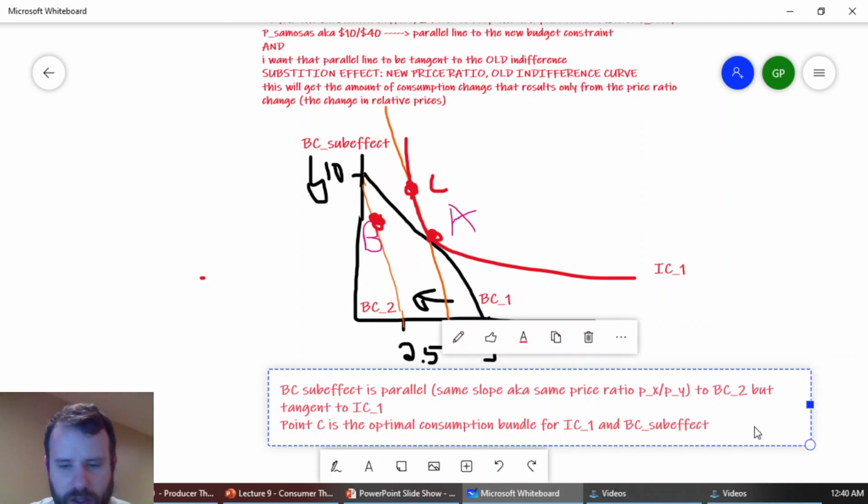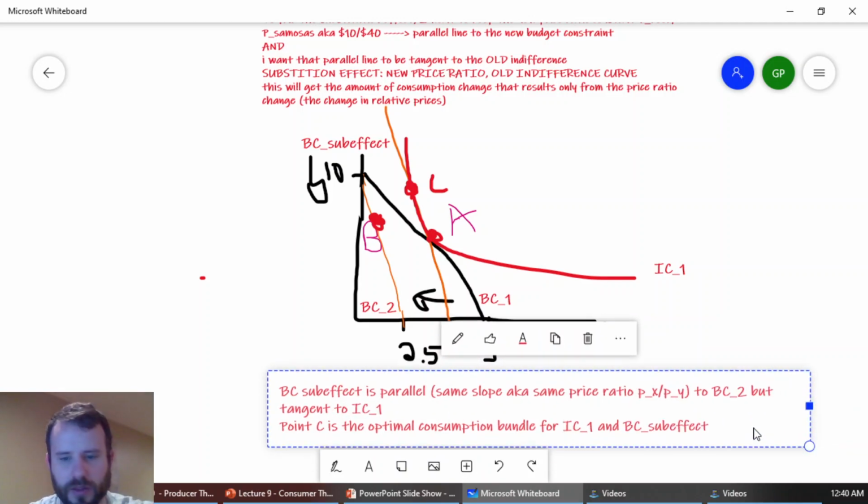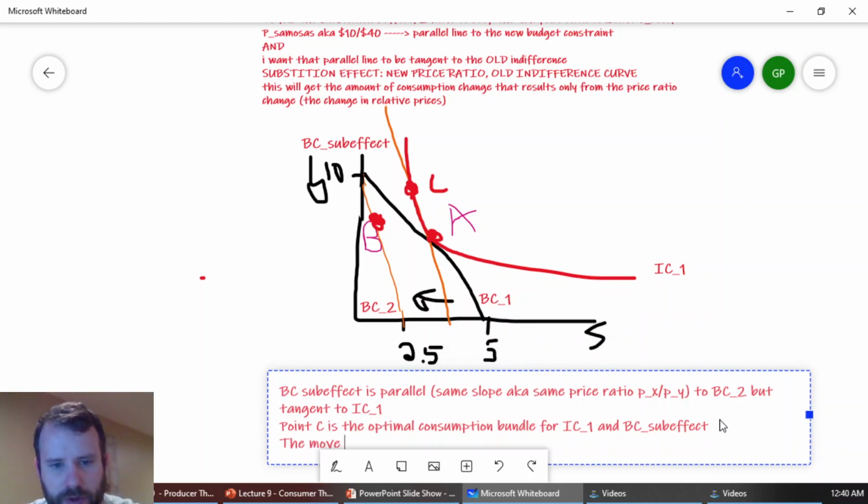Okay. The move from A to C is my substitution effect. Okay.